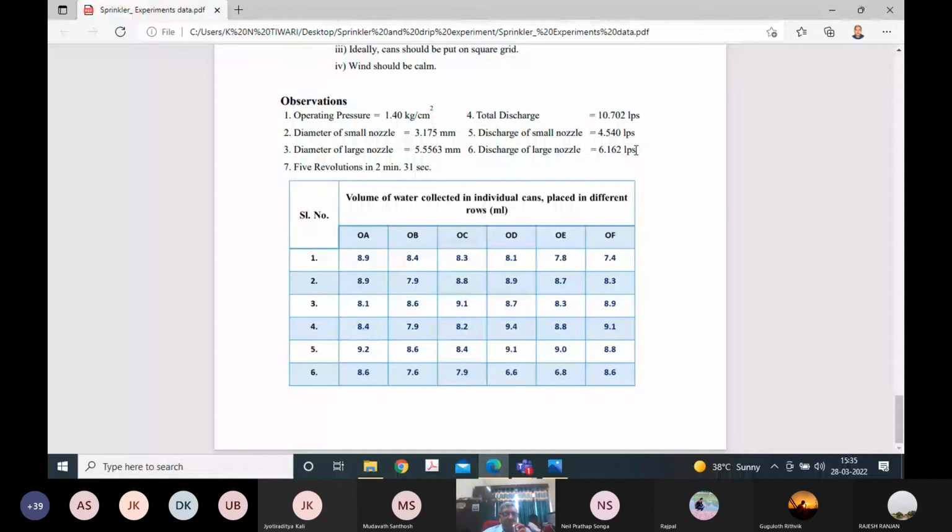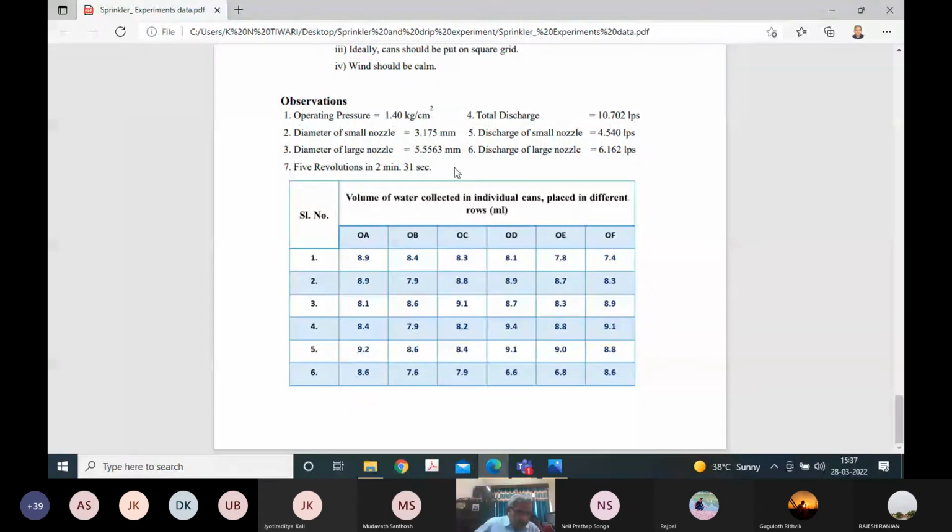Then the diameter of coverage, of course, has not been given to you. So OA, if I know OA, where O is the center and A, B, C are considered as radial distances from the center.